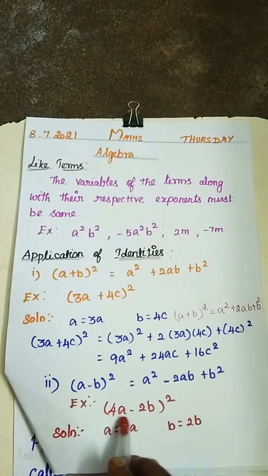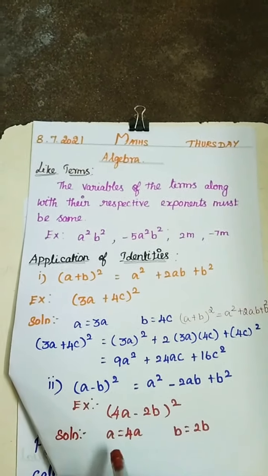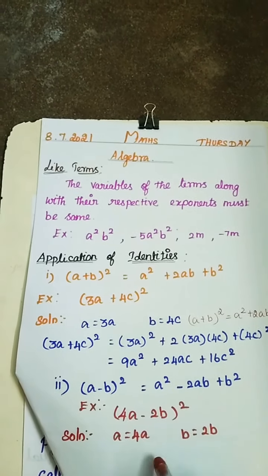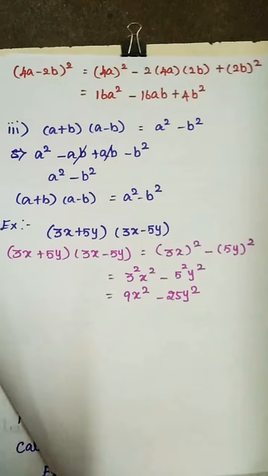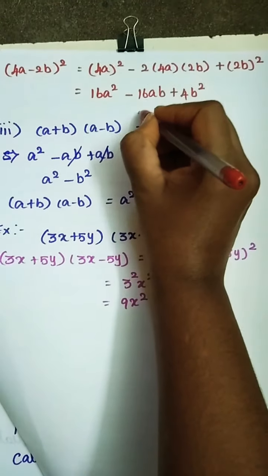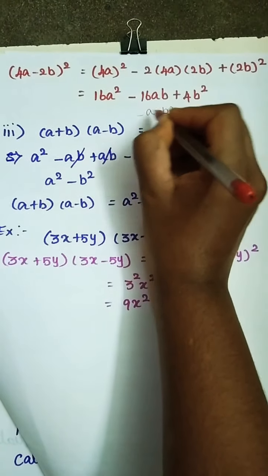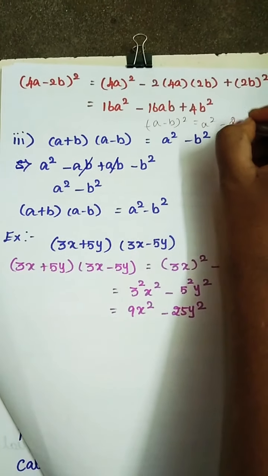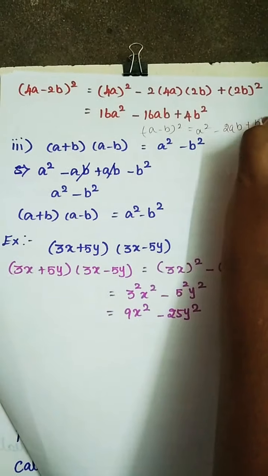For example, (4a minus 2b) the whole square. a equals 4a, b equals 2b. Next, write the formula: (a minus b) the whole square equals a square minus 2ab plus b square.